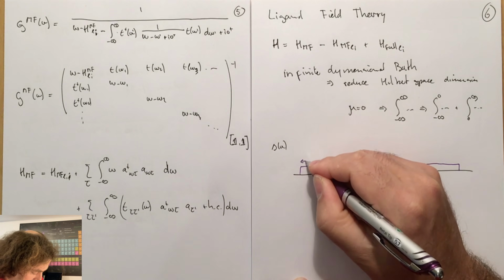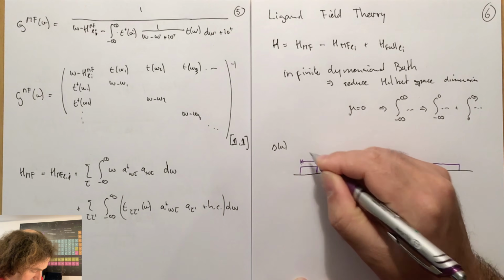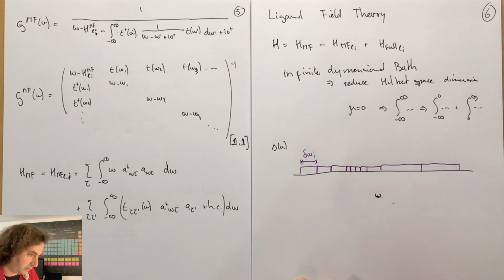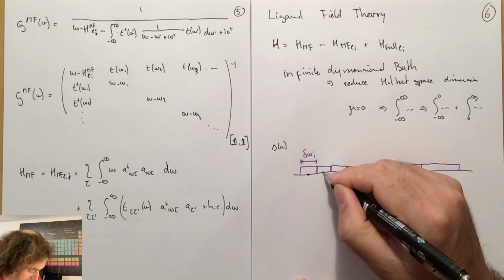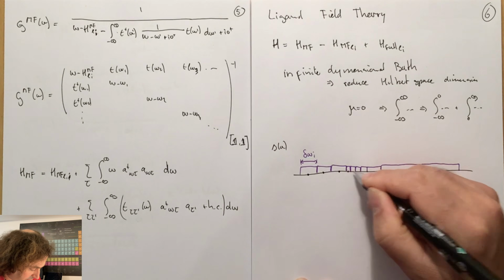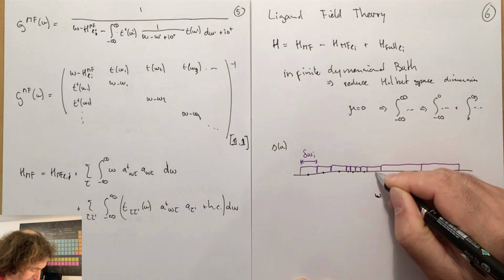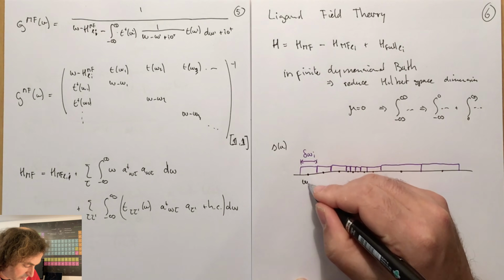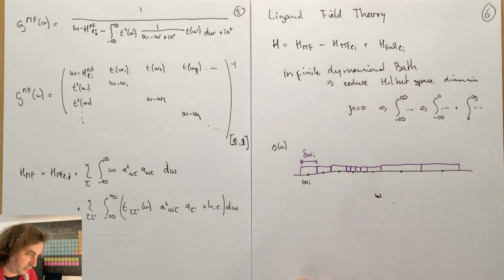And these intervals have widths delta omega i, and then of course at the center of each interval we're going to define the energy that we have.